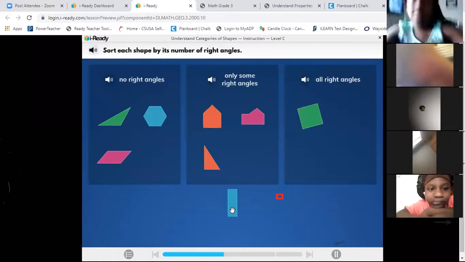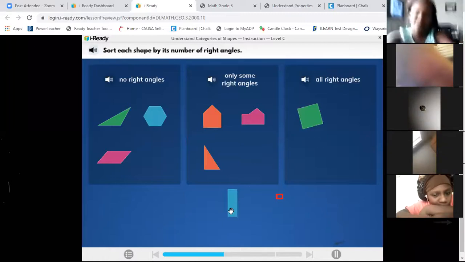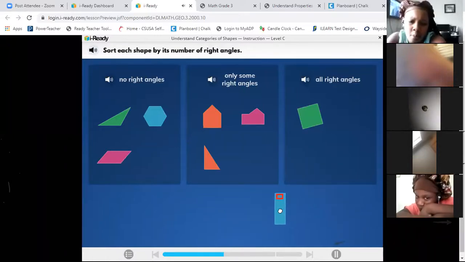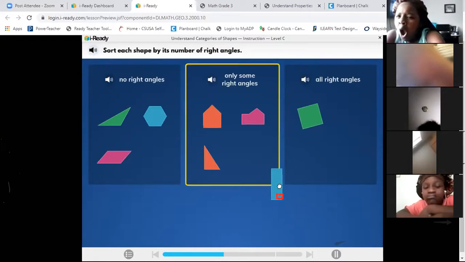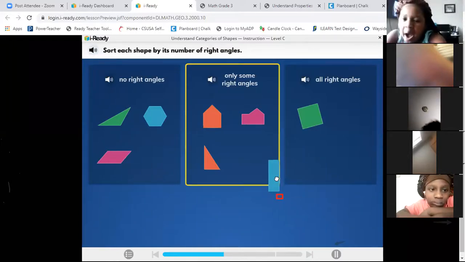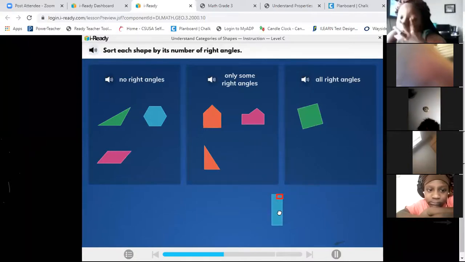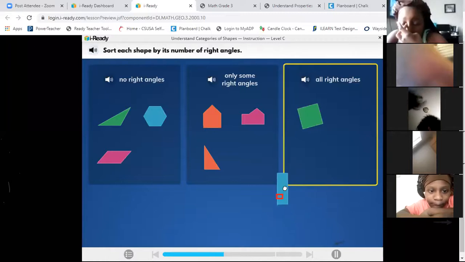I pick number 2. Only some right angles? Did you check it over here? Are you looking at the example right here? Do you see this red square, how I'm lining it up with the red square?